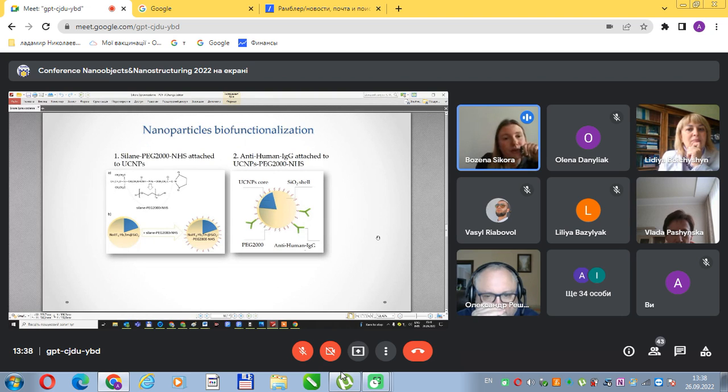You see, this is silica oxide on the surface. Then here we have the group silane with CH2, and this part connects with the silica oxide on the surface. And then here we have the group.